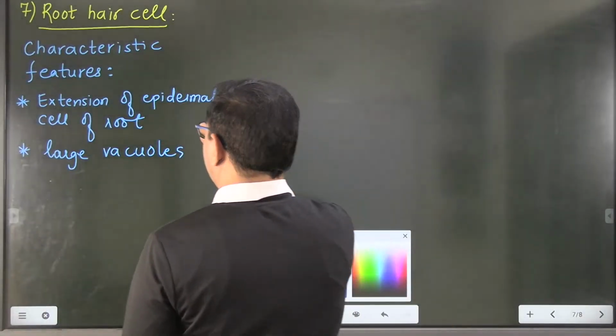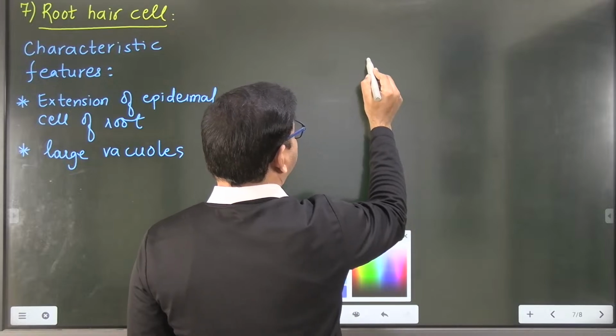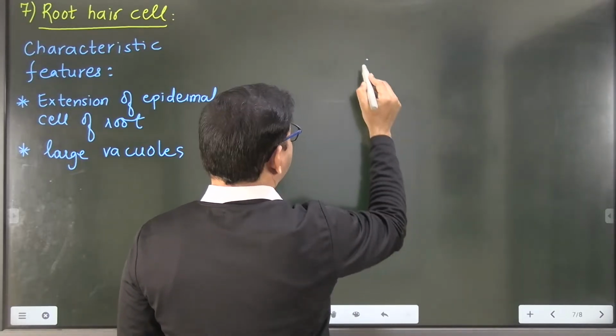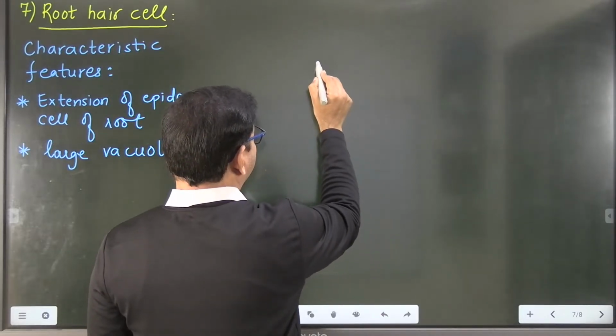Look carefully. It is a plant cell. I'll start with the cell membrane.